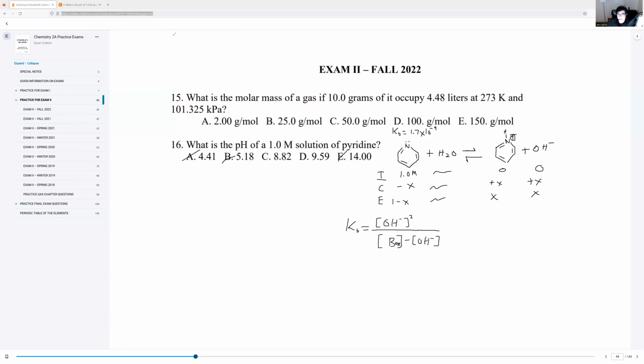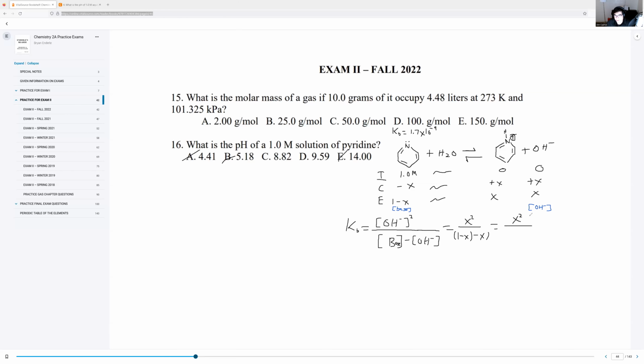All right. So this KB, I'm going to just rewrite this right over here. This is the concentration of the base, and this is the concentration of OH minus, right? That's the X. So this is X squared over 1 minus X. This is X squared.